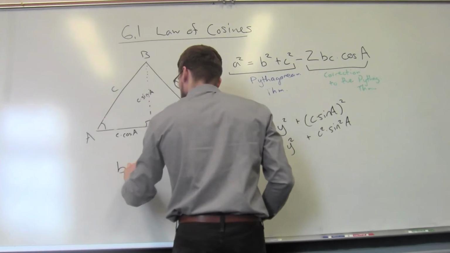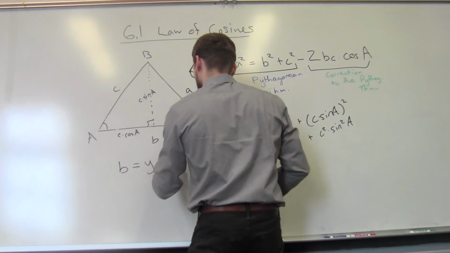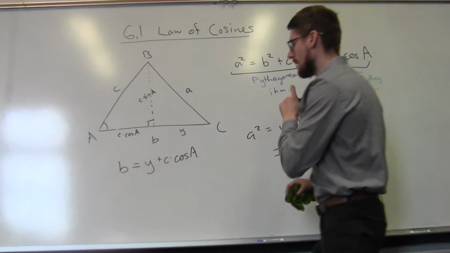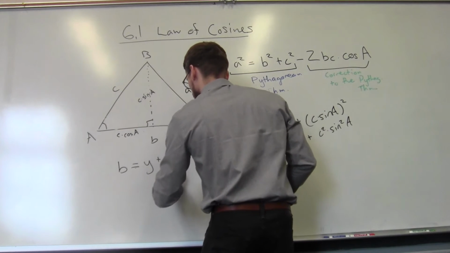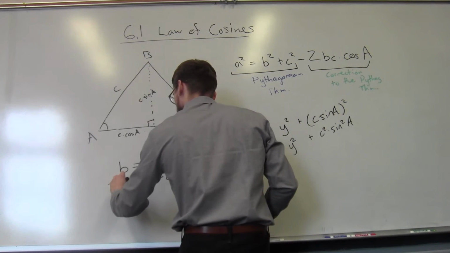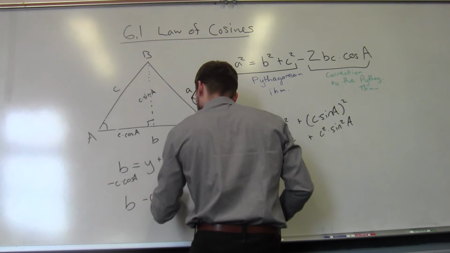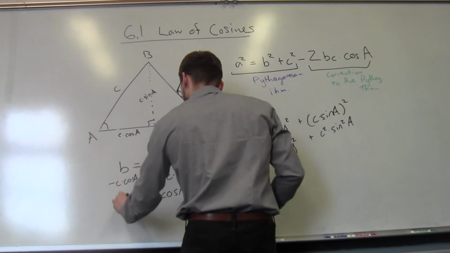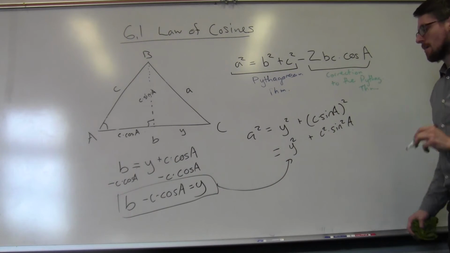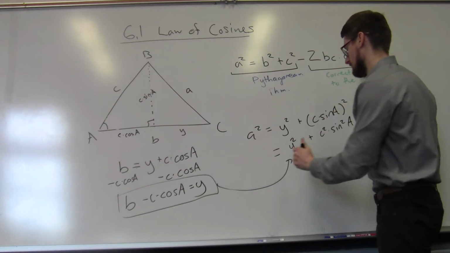So that says that b equals y plus C times the cosine of A. And so that means that y is just, subtracting C cosine A from both sides, b minus C cosine A equals y. So I can take this and make a substitution. It says that y equals b minus C cosine A.